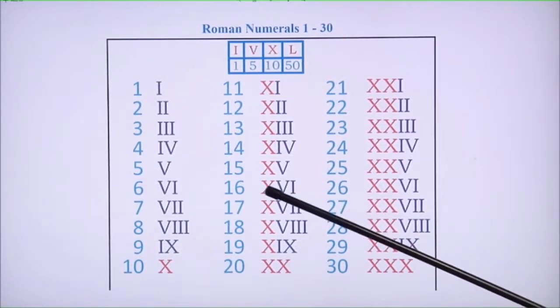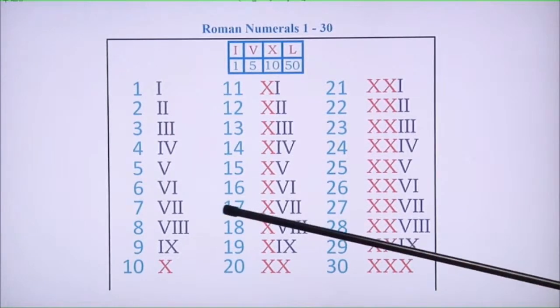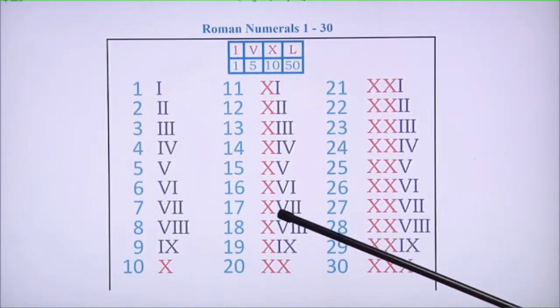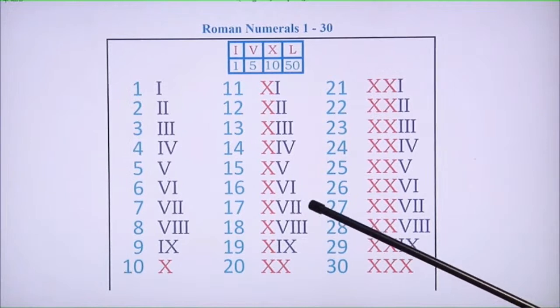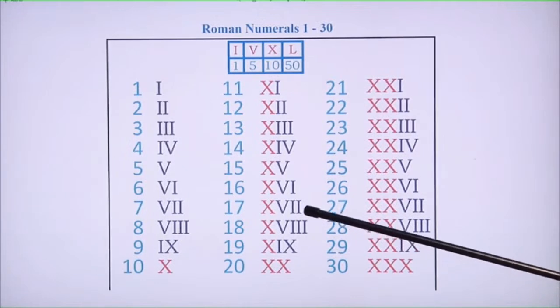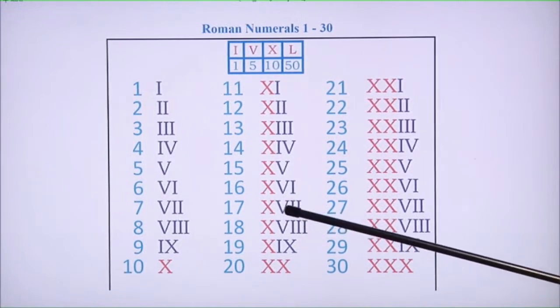So 6 plus 10 will give us 16. And 17, XVII. We know this is a bigger value and we have smaller values to the right. So XVII will give us 17.